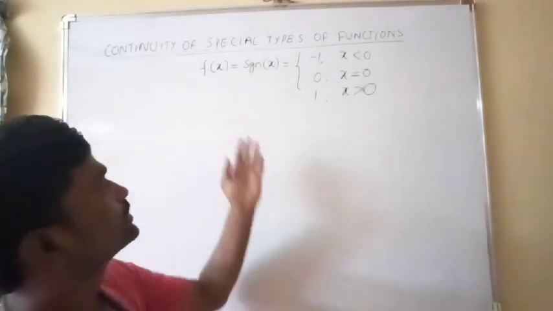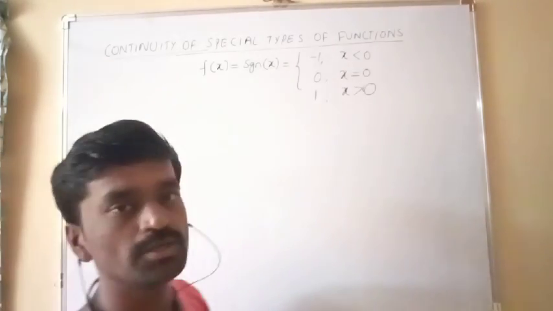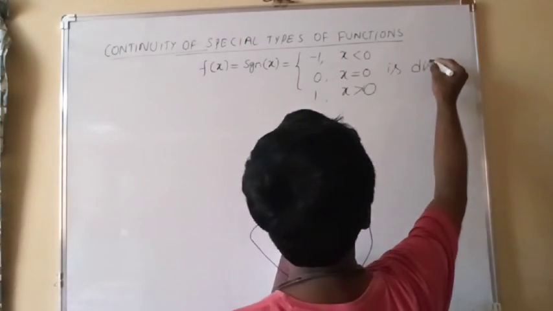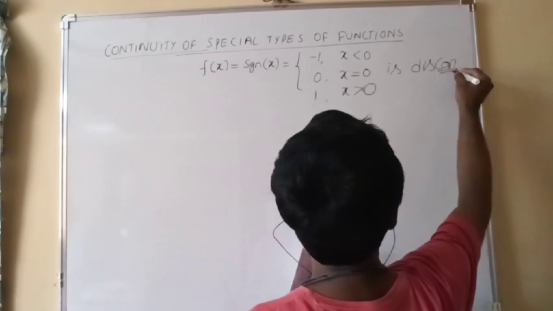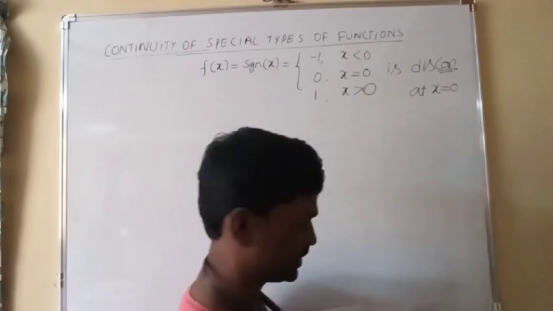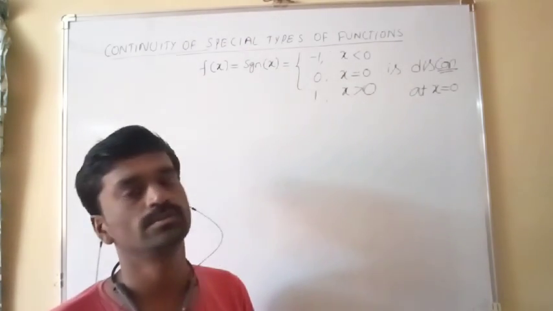This is the definition of the signum function, and it is clearly discontinuous at x equal to 0.